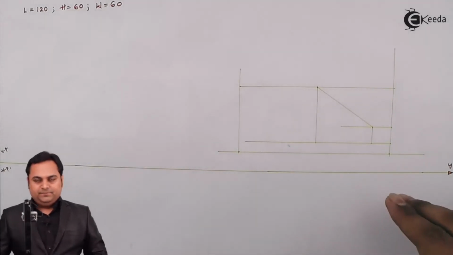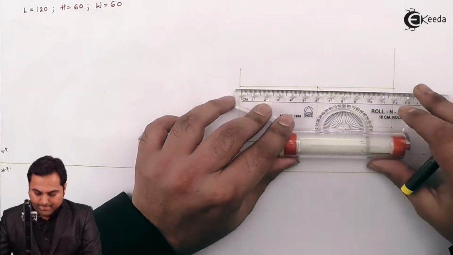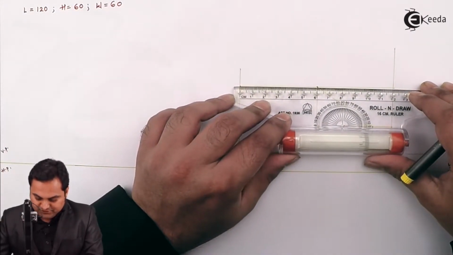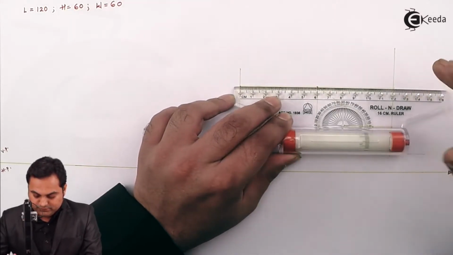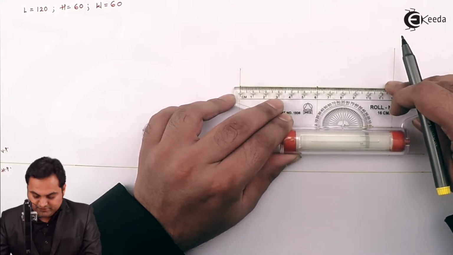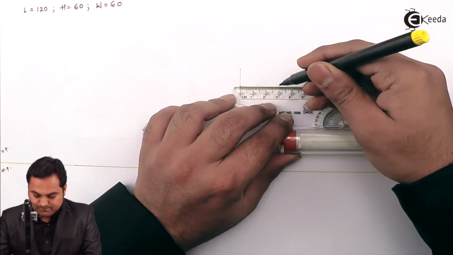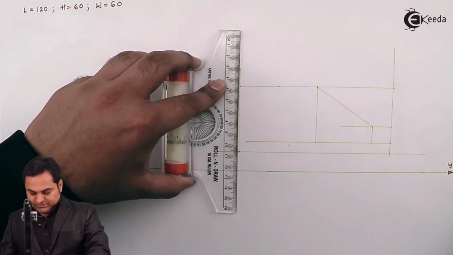So after completing up till here, next I'll locate the center, that is, draw the center line for the cylinder. It is 60 mm in diameter, so I'll take half of that as the center, 30 mm from one side. Then I'll draw the center line through it.